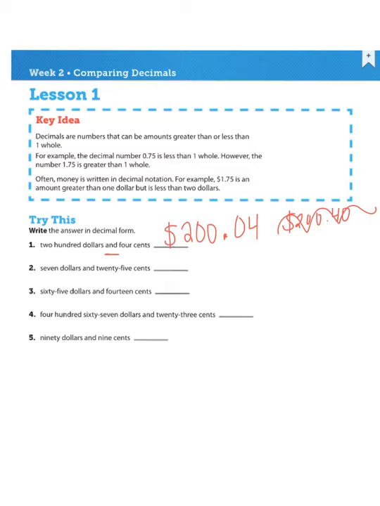Number 2, $7.25. So here's my $7, and that's where you're going to put your decimal point, $7.25. Number 3, $65.14.